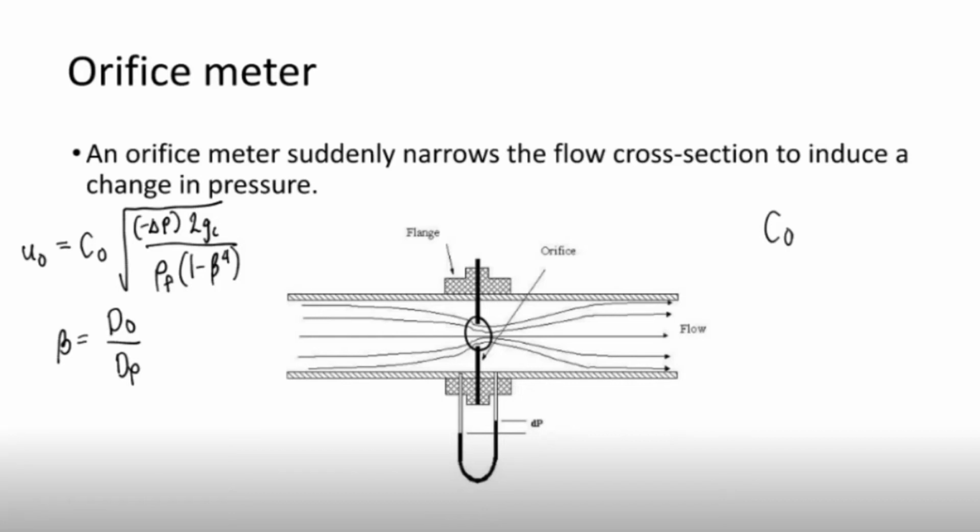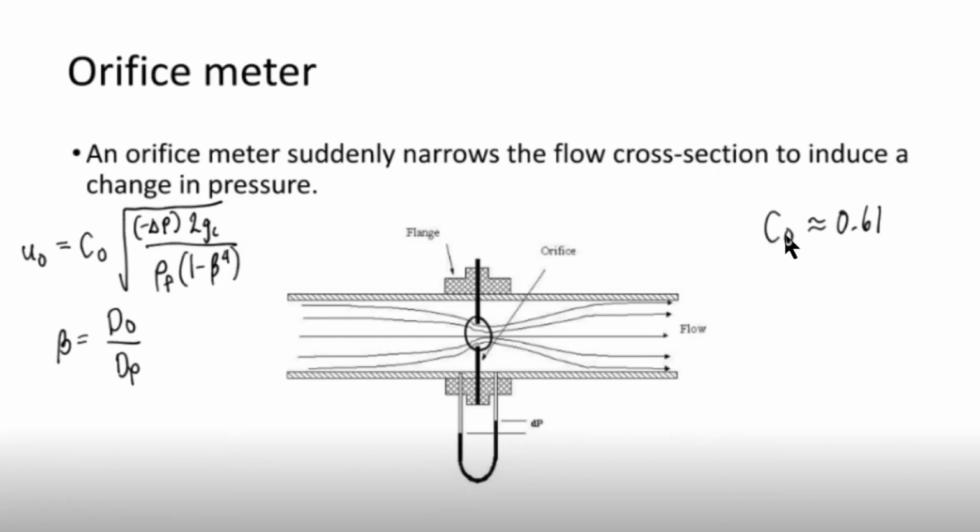This often leads to a trial and error solution for flows that are not turbulent. For highly turbulent flows, we can assume an initial value of CO as 0.61. This initial value of CO will allow us to determine the velocity at the orifice and of course the velocity at the pipe. You can always check if the value you assumed for CO is valid.